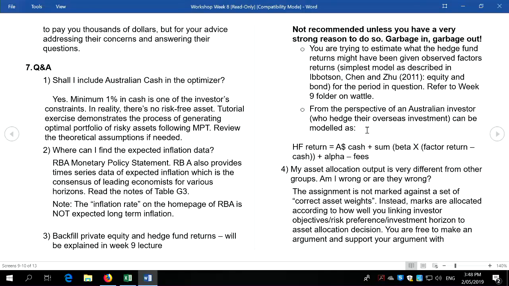They have the forecast of inflation from different parties. The inflation rate, 1.3% on the homepage of the RBA, is by no means the expected return. It's the realized inflation in the recent quarter. So that's probably not close to the expected inflation.